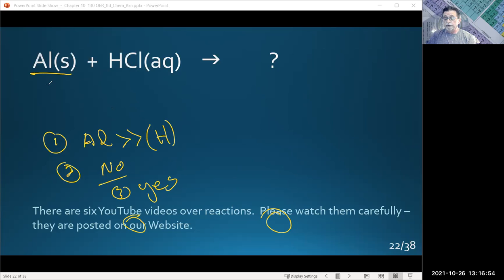So here's the most reactive form. It is not in ionic form, so we get a reaction, and we're going to generate H2 gas and the salt. The aluminum is going to replace the hydrogen, just like we did with the other metals.